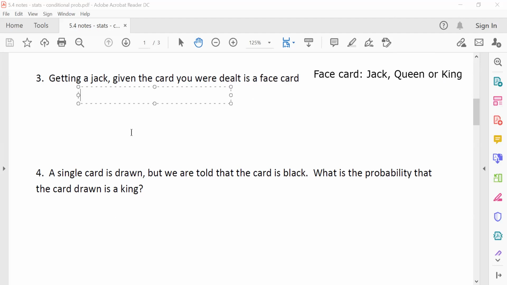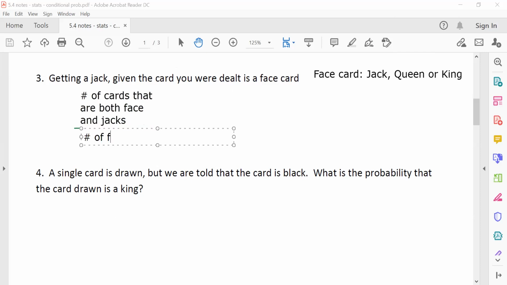This probability calculation is going to be the number of cards that are both face cards and jacks, divided by the number of basically just face cards, because we're told that we're getting a face card. The number of cards that are both face cards and jacks is going to be 4.